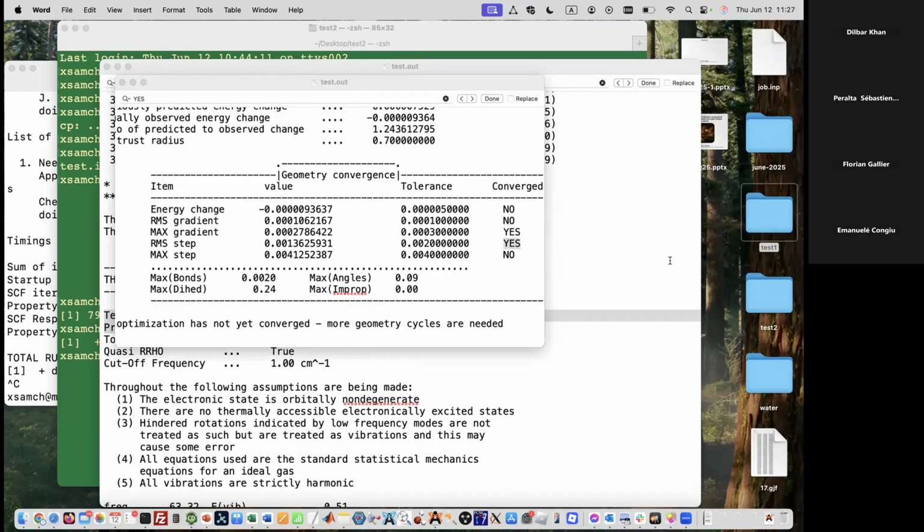It depends on the situation. You can start with a lower level of theory and a relatively small basis set. It depends on the size of the molecular system as well, and if you can systematically increase the size, it may help.